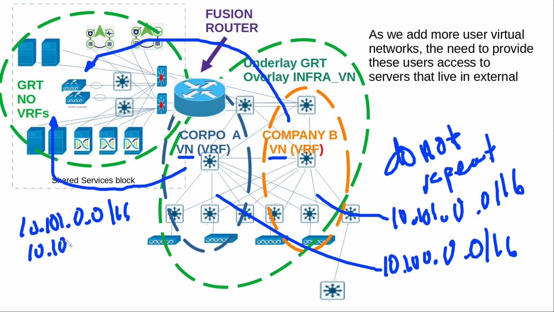When we leak these prefixes into the global routing table here, I know for a fact that 10.100.0.0/16 belongs to the blue virtual network, and 10.101.0.0/16 belongs to the orange domain or virtual network.